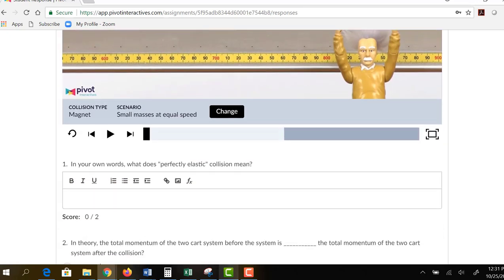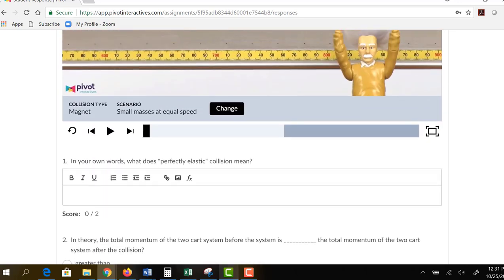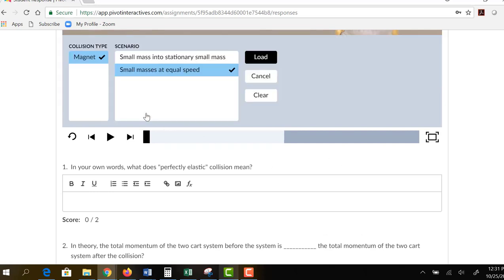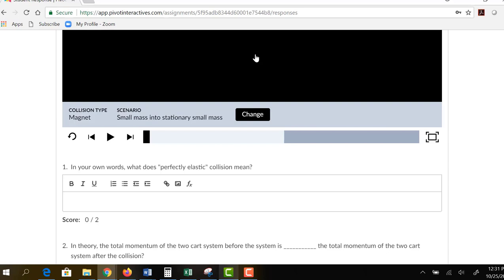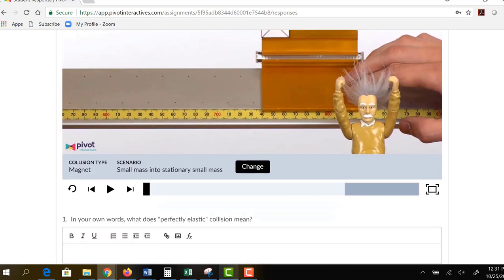So let's see, according to the data table, we have mass into stationary mass. So let me change the scenario here. Mass into stationary mass. That's the first one in the data table. I might as well do that one first. So these collide via magnets, so they don't hit each other. This is a nice gentle collision.